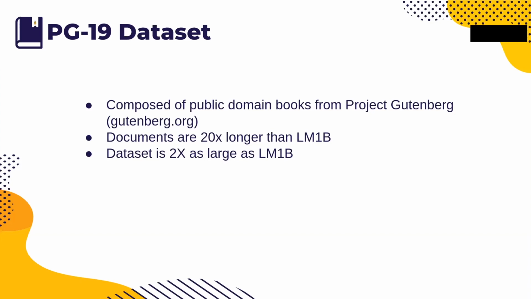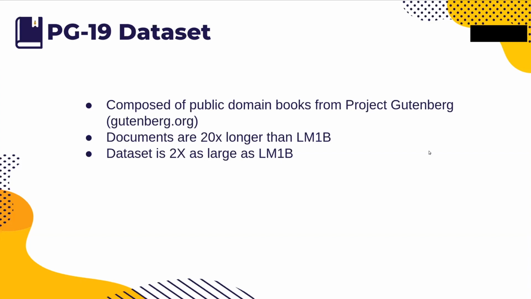One often overlooked contribution is simply the fact that they also introduce a new data set for this task. Oftentimes people benchmark on Wikitext 103, LM1B, and Wiki 8. These are some of the data sets people use for longer term sequence modeling. But to a certain extent, we're kind of outgrowing those data sets.